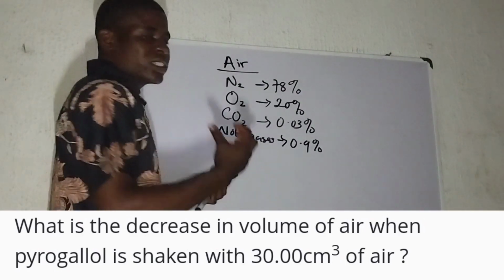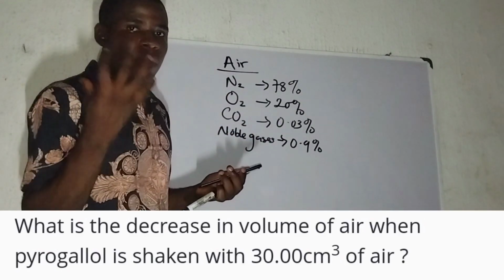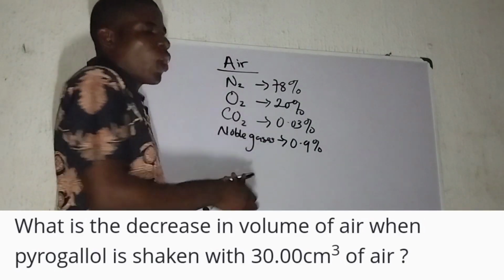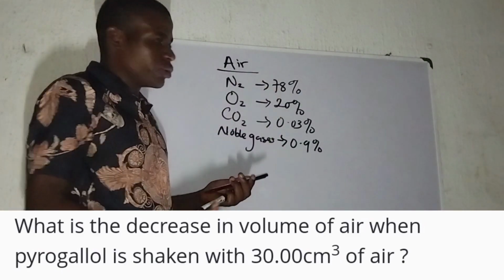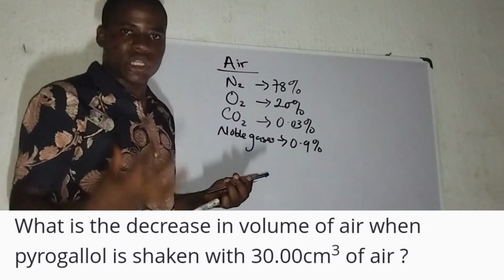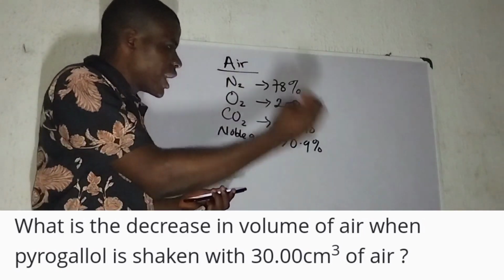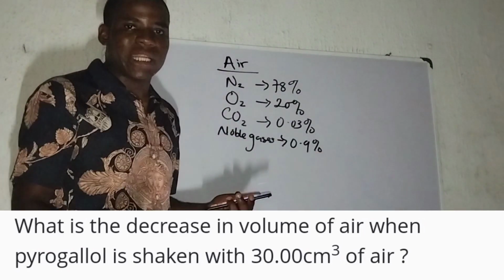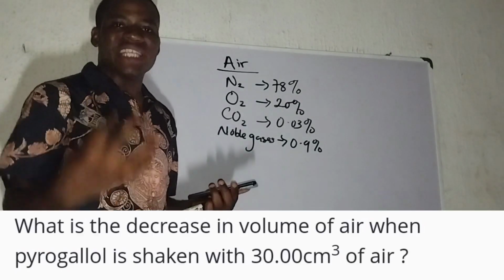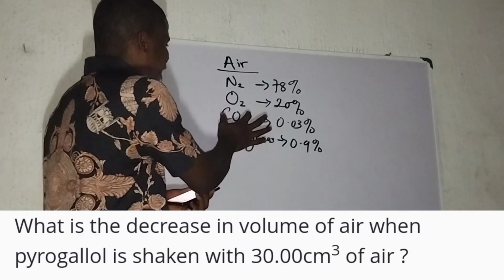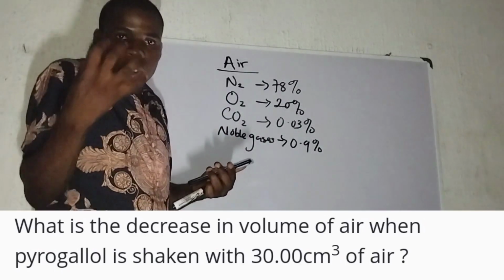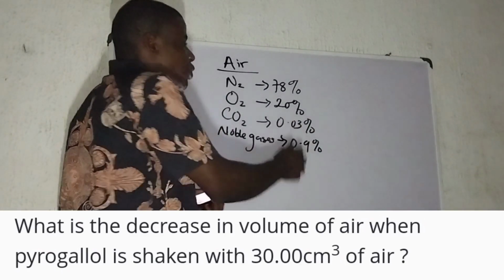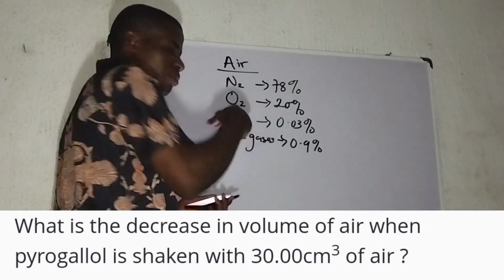If you pass air through alkaline pyrogallol, it will still remove oxygen, 20% of oxygen, because that's the percentage composition in air. If you pass air through calcium hydroxide, lime water, it will absorb the carbon dioxide, removing 0.03% of it from air.